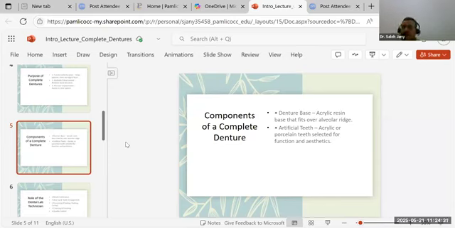Some people sometimes use ceramic teeth in the denture, but when you have ceramic teeth and an acrylic denture base, the ceramic teeth have either a wire or a hole, so the denture base will go inside to make retention. And no one uses porcelain teeth here, as I've seen, it's all acrylic.